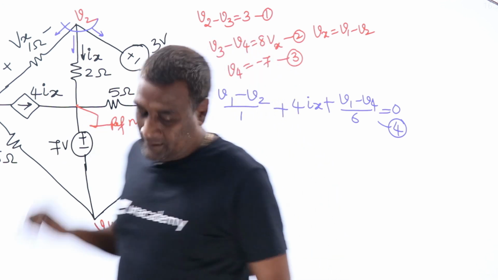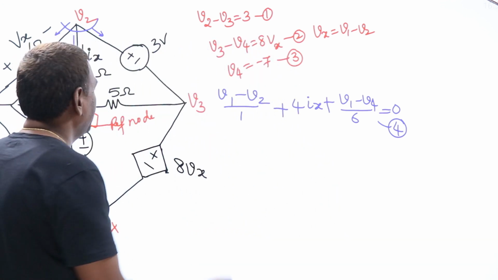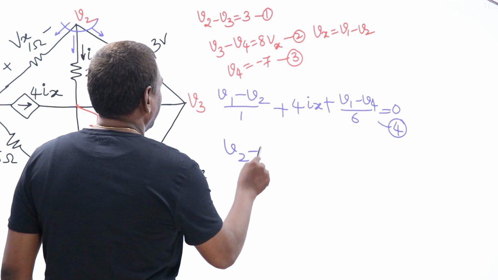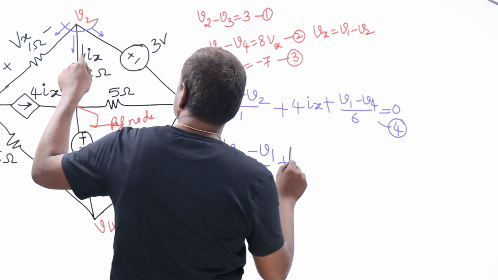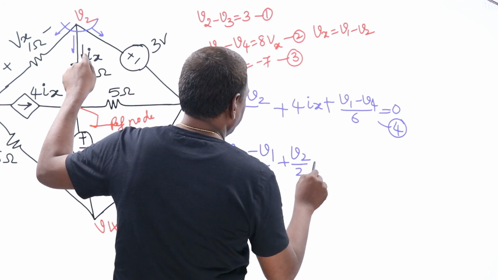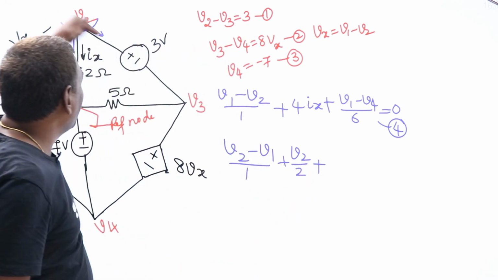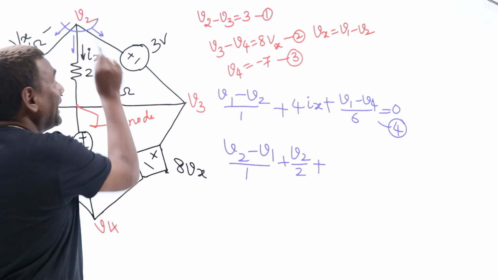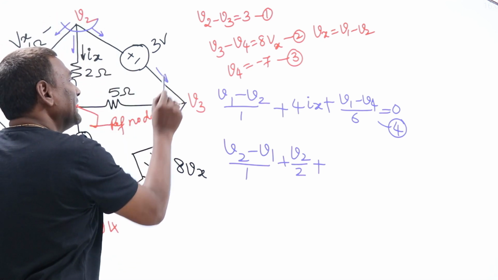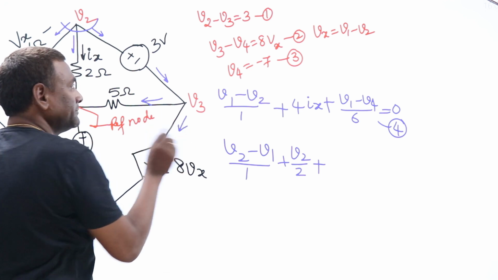Leaving current through this is V2 minus V1 by 1, plus leaving current through this V2 by 2, plus leaving current through this, I don't know. That leaving current is going to be an entering current.